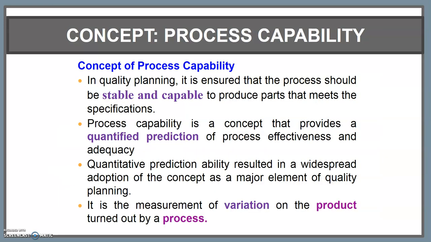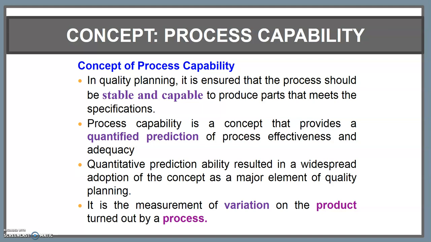Okay, what is the concept? The definition of process capability, in quality planning, is to ensure that the process is stable and capable of producing parts that meet the customer requirements and specifications. Process capability is a concept that provides a quantified prediction. That means it gives you a number.